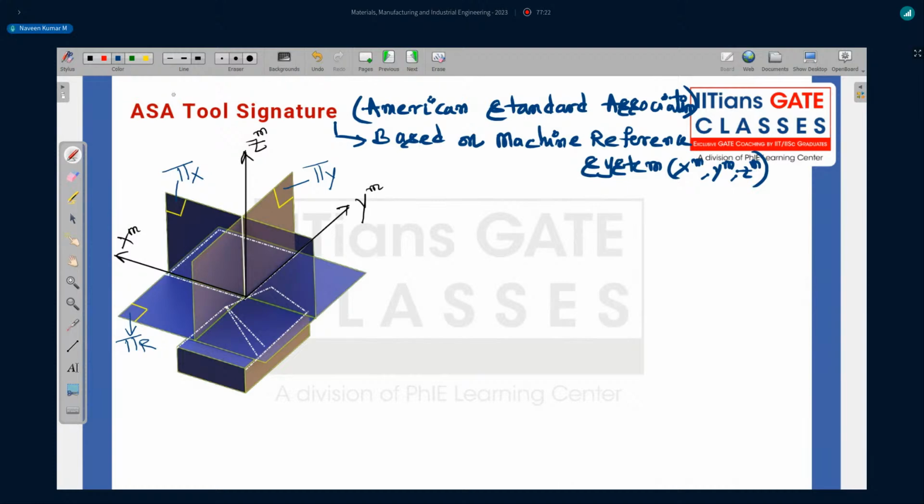So what is pi x? Pi x is machine longitudinal plane. Very important. If you are understanding this, everything is clear.